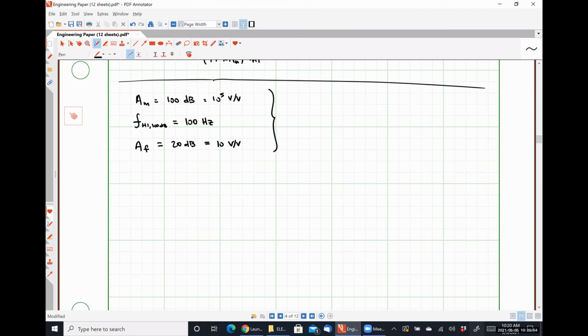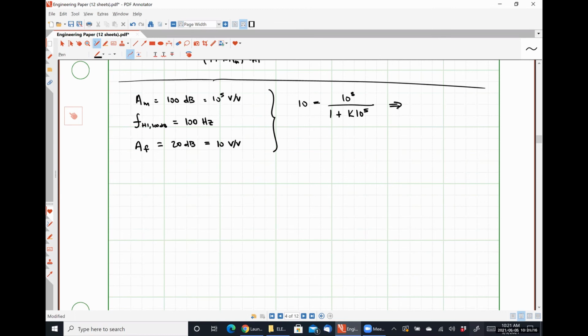So using this information, we know that our closed loop gain is 10. So 10 must be equal to our DC open loop gain of 10 to the 5 divided by 1 plus K times 10 to the 5.